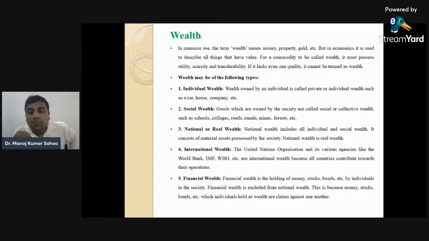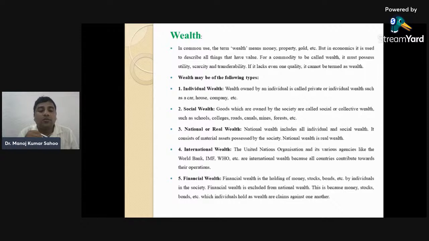This is because money, stocks, and bonds are examples of financial wealth, which individuals hold as wealth or as claims against one another. Suppose a bond paper: Mr. X may be the owner of that bond paper, or that stock or share. That is a title to wealth, not exactly the wealth of the nation.